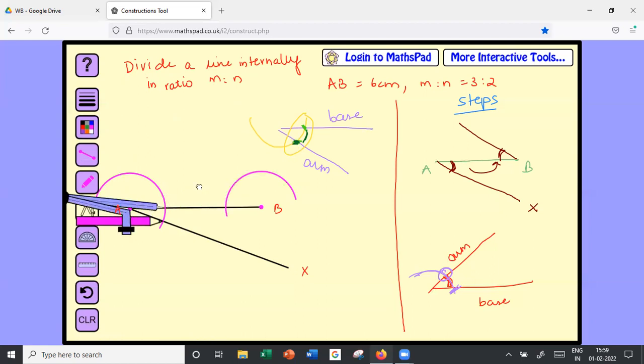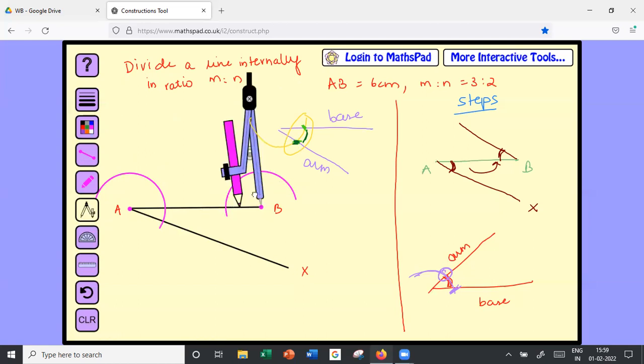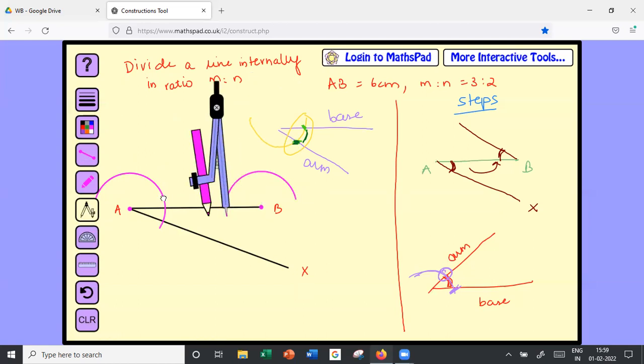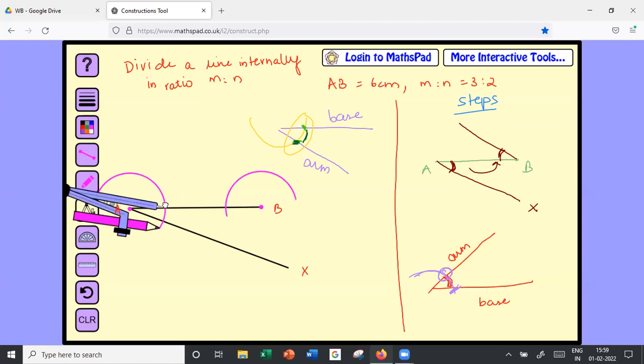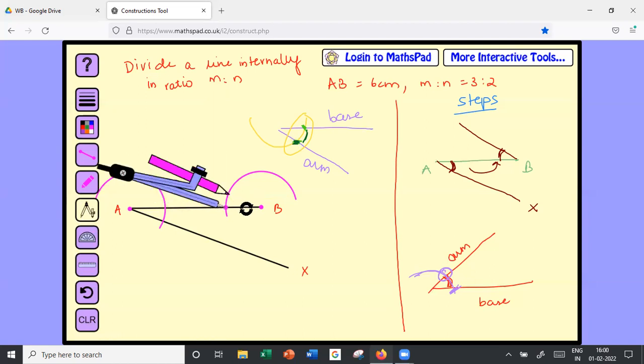And just keep my compass here. Little tricky. I'm going to keep it here and I'm going to measure. Okay, make an arc here.